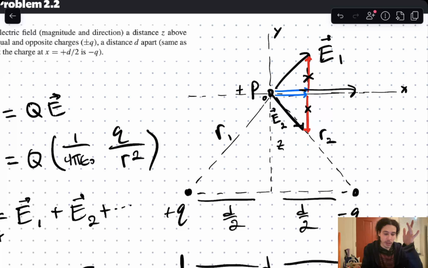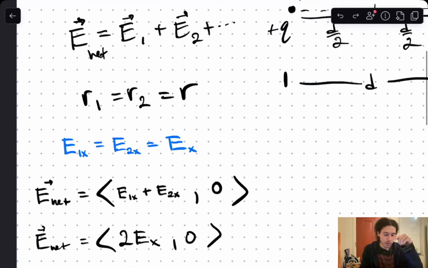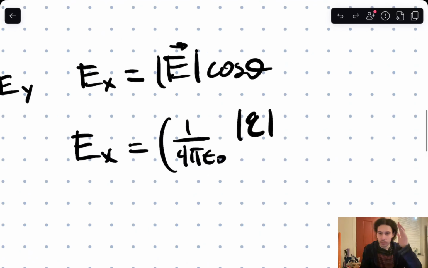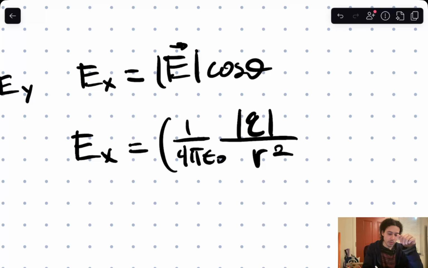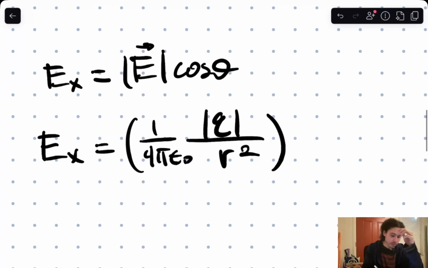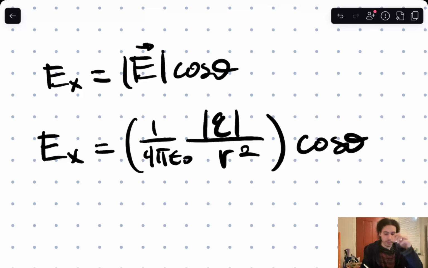It's going to go this way, so we don't have to worry about signs to tell us. So we just take the absolute value of our point charges, r squared, cosine theta.